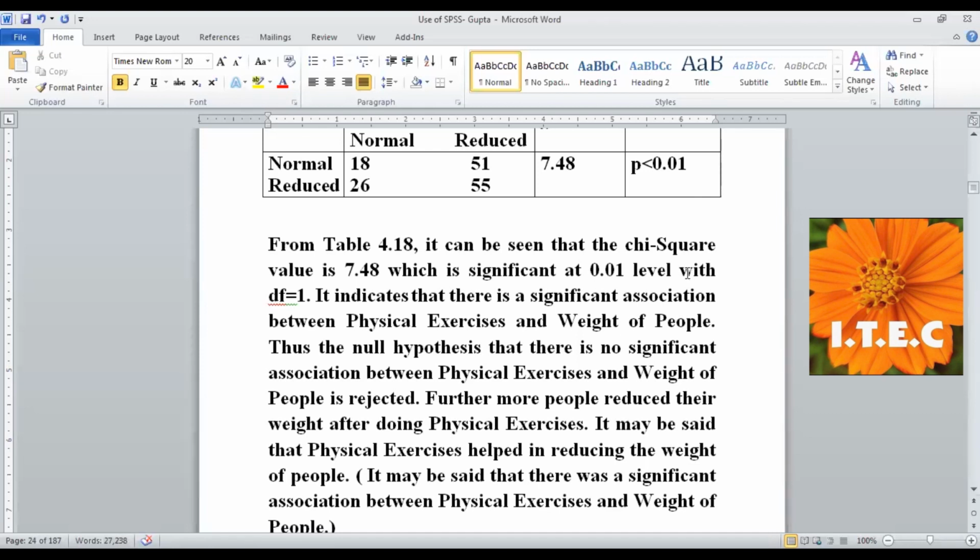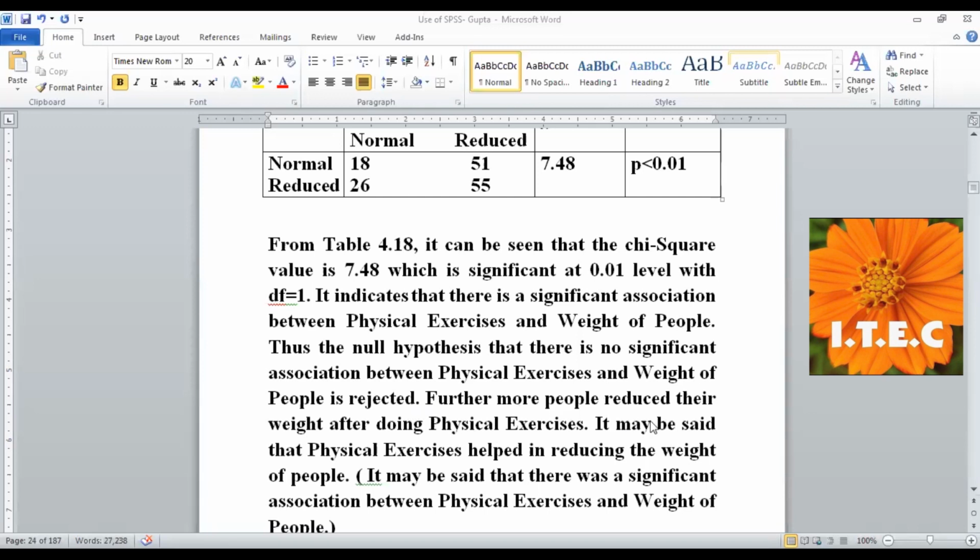So thus the null hypothesis, that there is no significant association, is rejected.